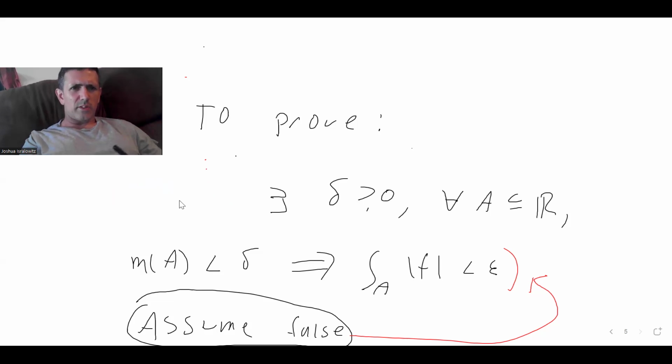There exists an epsilon, and usually we just say epsilon 0, but you can still keep it epsilon.